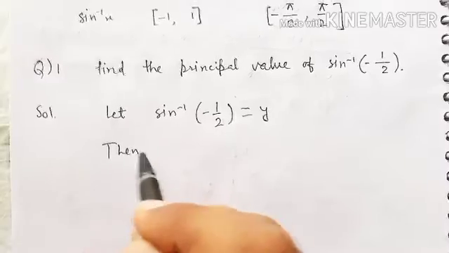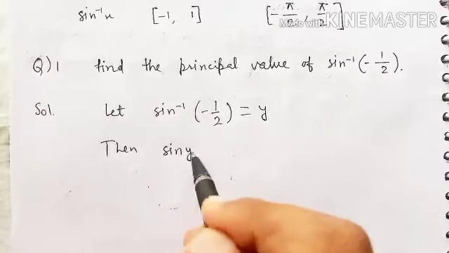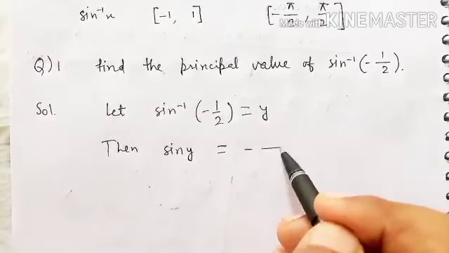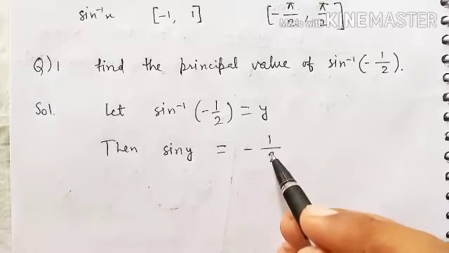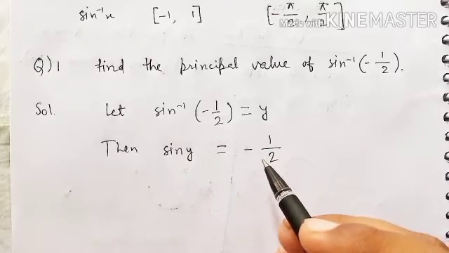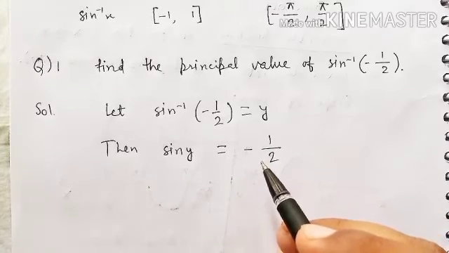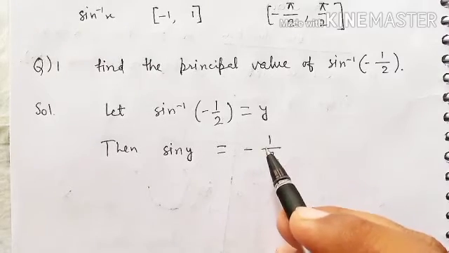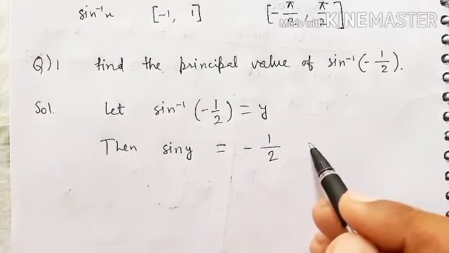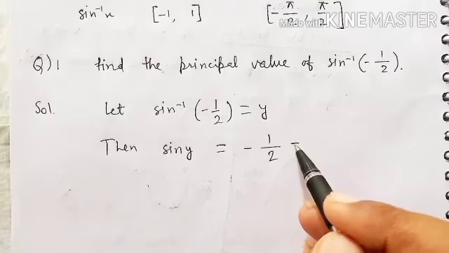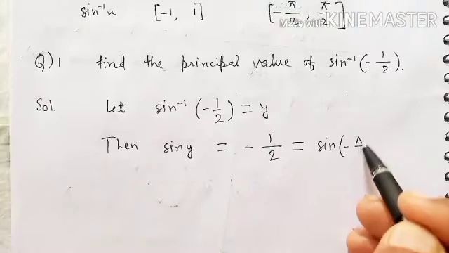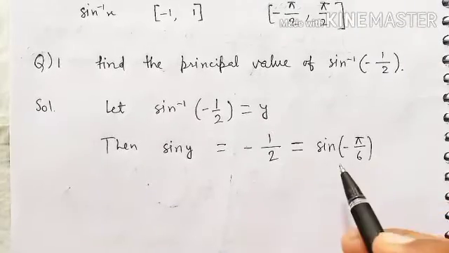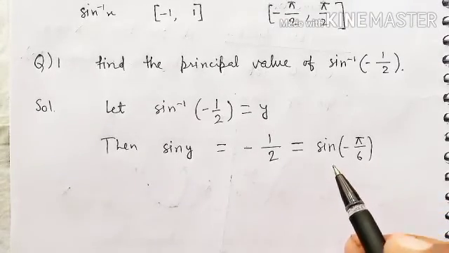Then sine y is equal to minus 1 by 2. We know that sine pi by 6 is 1 by 2, and here minus 1 by 2 occurs, so we may write sine of minus pi by 6, which gives us minus 1 by 2.